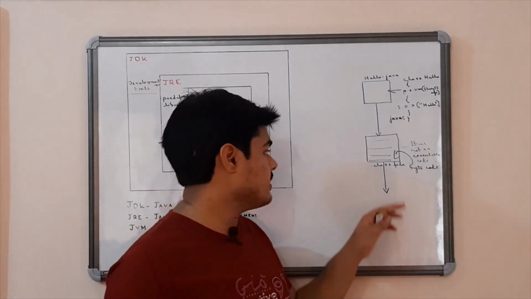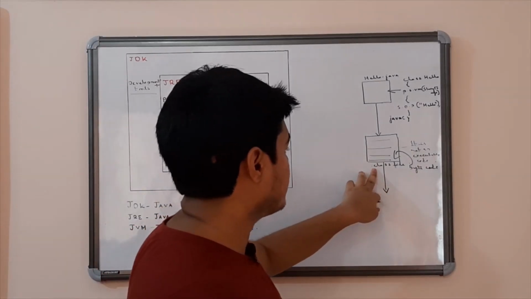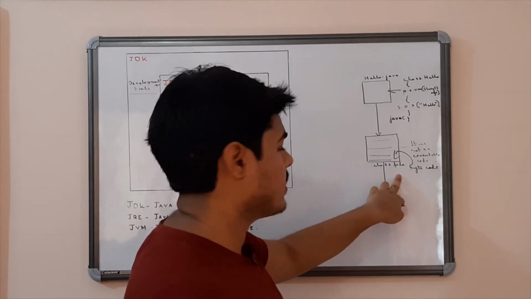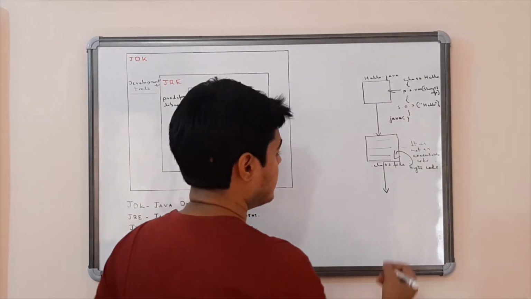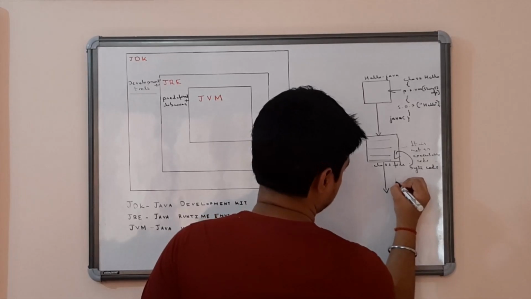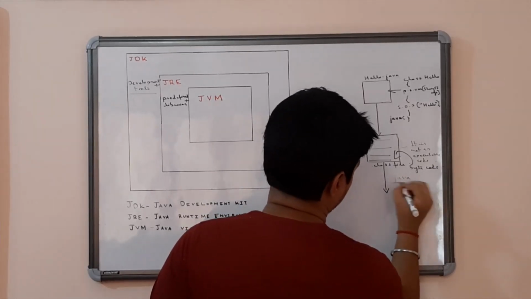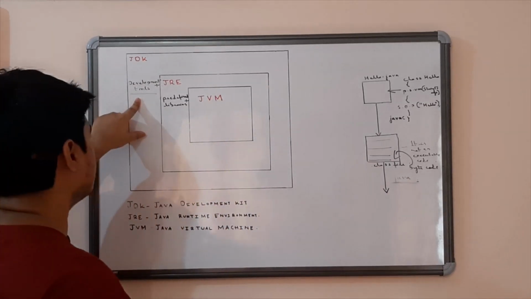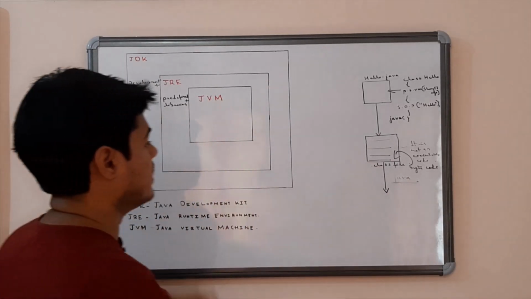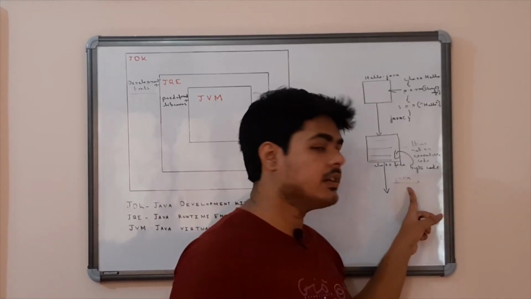Now after this .class file, we have to execute it to get output. So we write a command using the java tool. This tool is also present inside the development tools of JDK. This is not an interpreter.